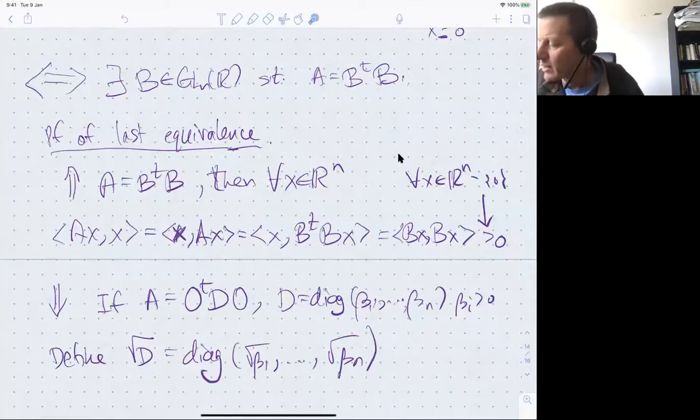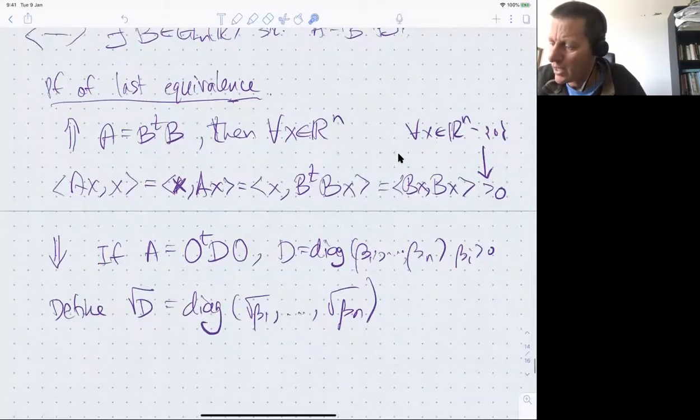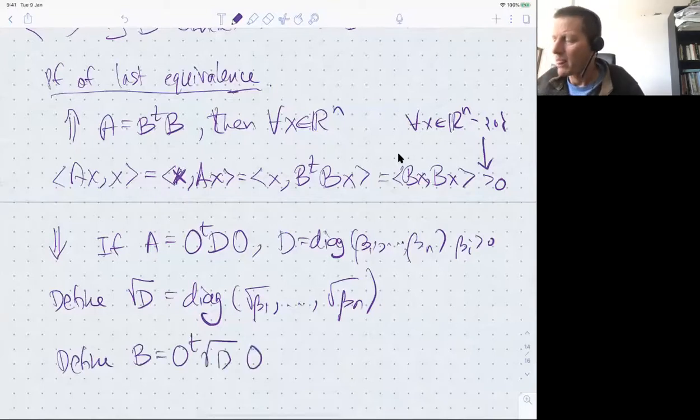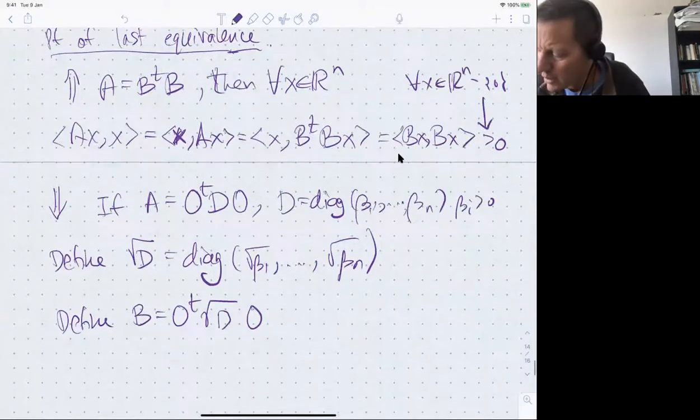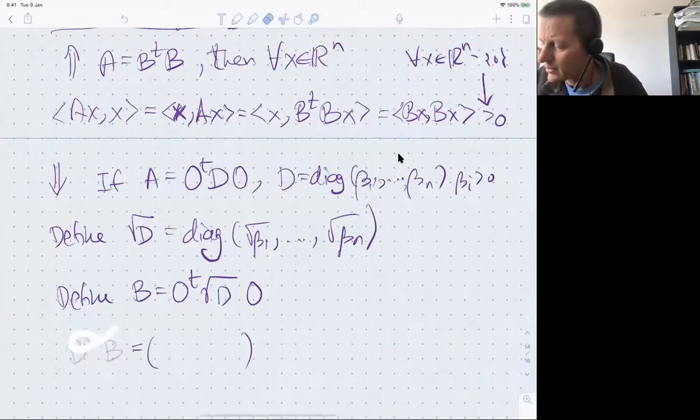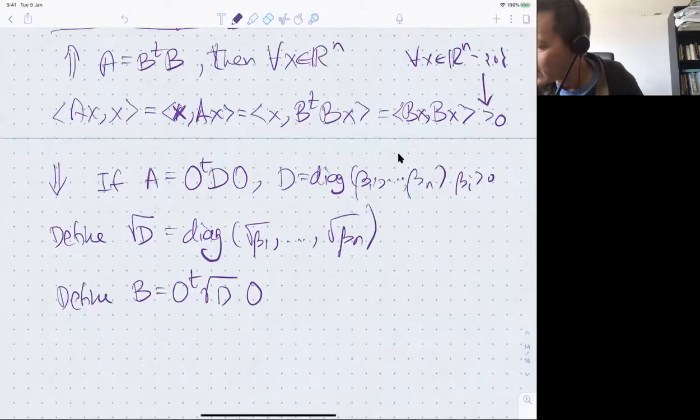In general, you can't do that, but here I've used the fact that the beta i's are positive real numbers. And now you define B to be, using the same O, O transpose square root of D times O. Then you just compute that B transpose B is A.